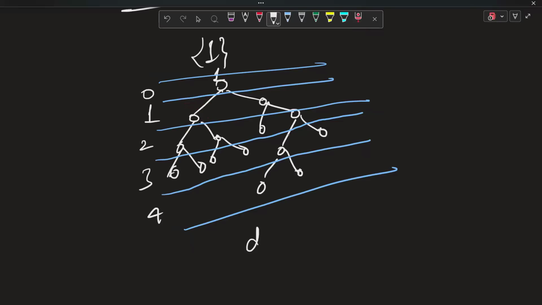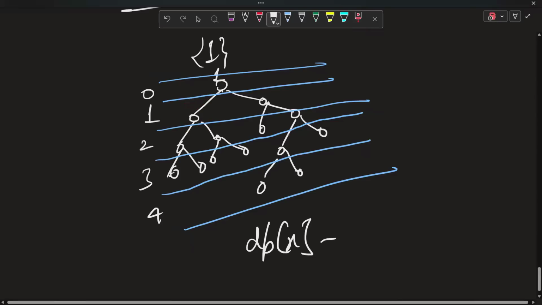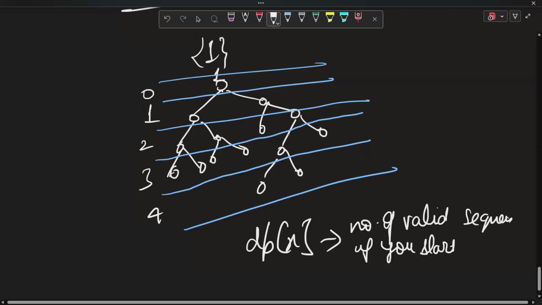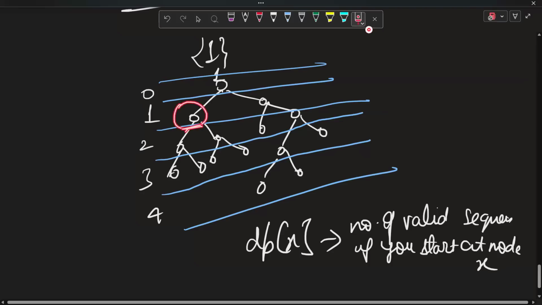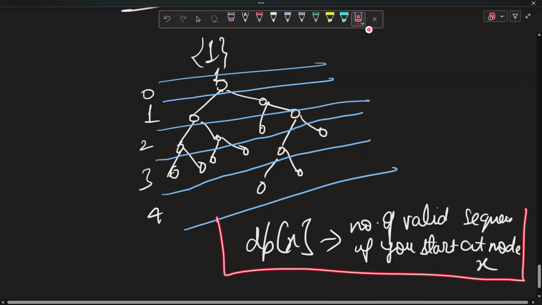So your DP of X represents the number of valid sequences if you start at node X. That's the DP state I'm taking.